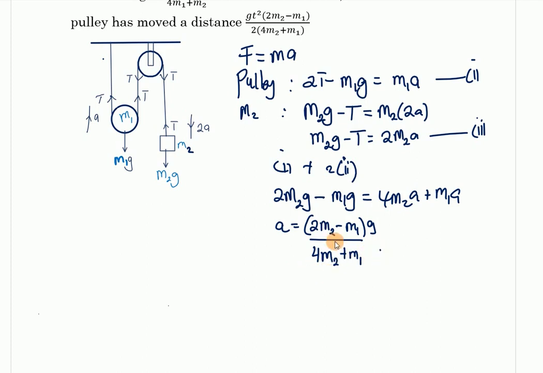Let's get this acceleration and put it in this equation here. Let us apply it here. If we put it there, we have that m2g minus T is equal to 2m2 times the acceleration, which is 2m2 minus m1 divided by 4m2 plus m1, times g.